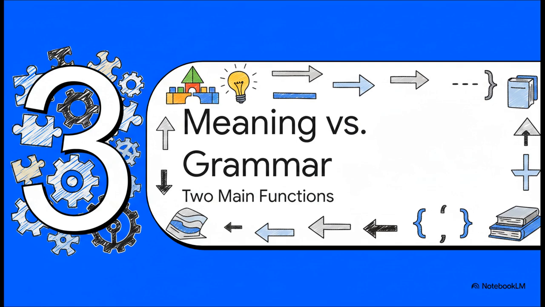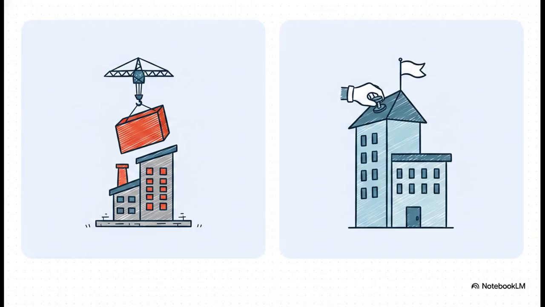So we have all these tools in our toolbox. But here's the thing. They don't all do the same job. They actually have two very different functions. One is for building entirely new words from the ground up, and the other is just for making tiny adjustments to fit the rules of grammar. And this slide just lays it out perfectly. Over on the left, you've got derivational affixes. Think of these as your heavy-duty construction tools.